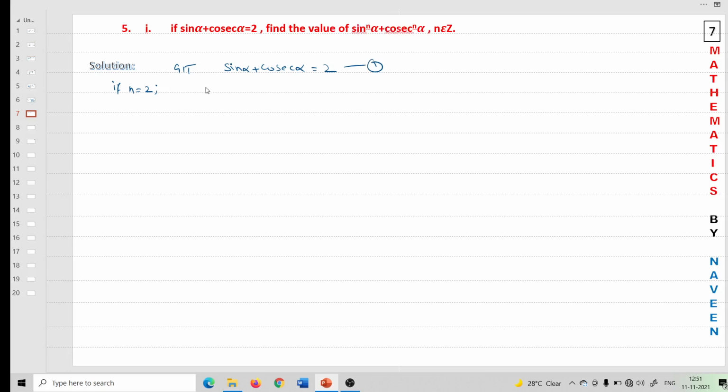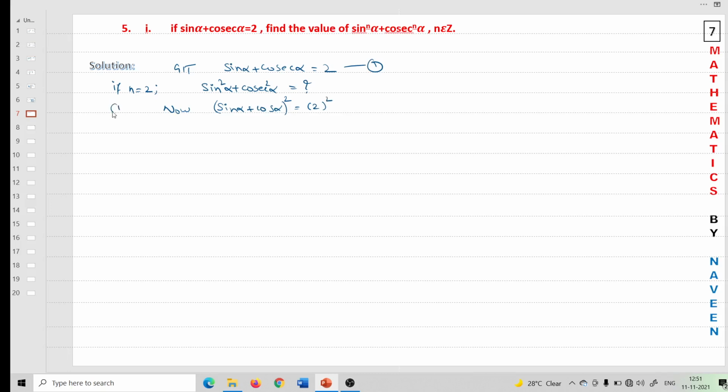Sin square alpha plus cosec square alpha we have to find. Now I am squaring on both sides of equation 1.